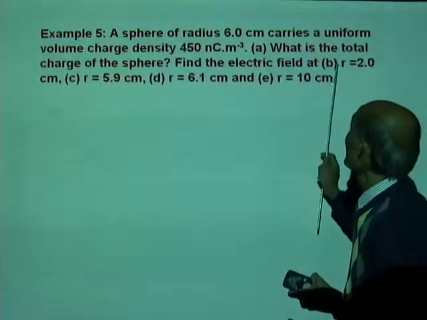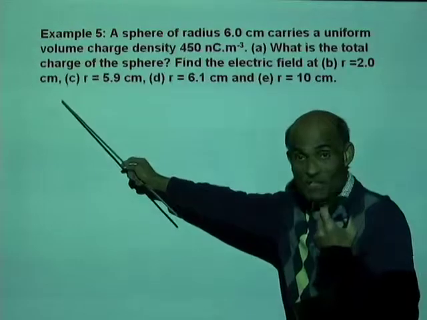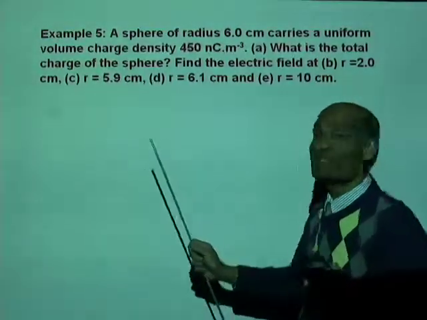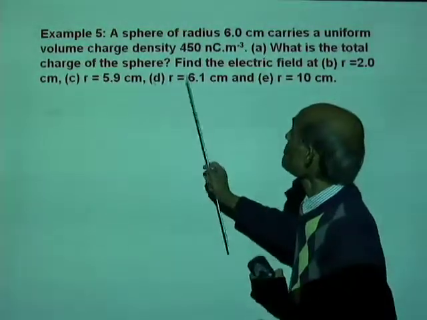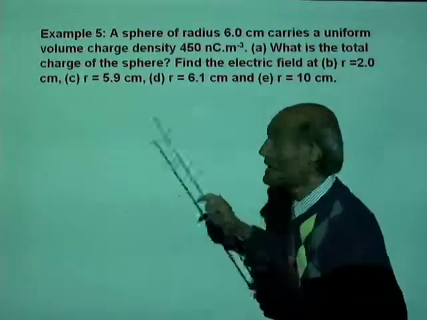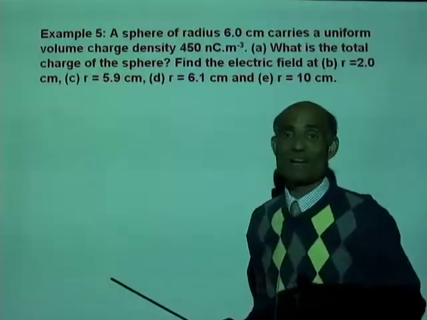Find the electric field at r equal to 2 centimeter, which is inside the sphere; r equal to 5.9 centimeter, again inside the spherical object; r equal to 6.1 centimeter, outside; and r equal to 10 centimeter, again outside.